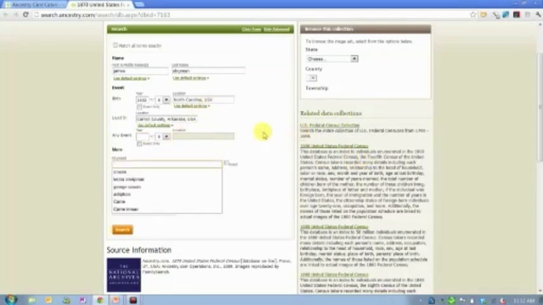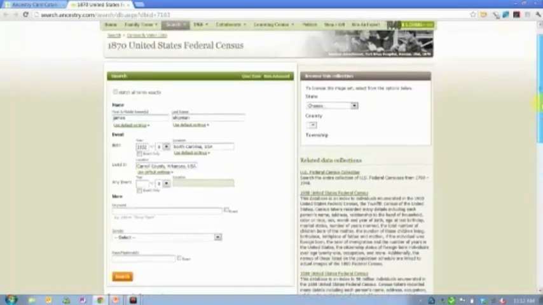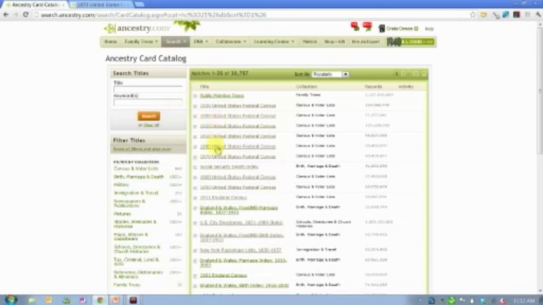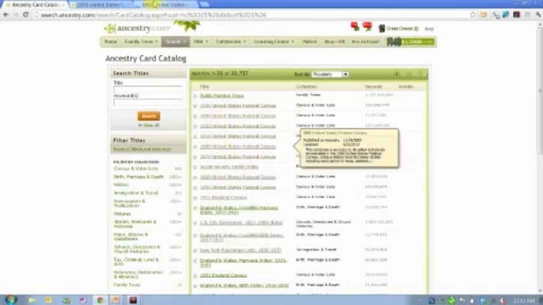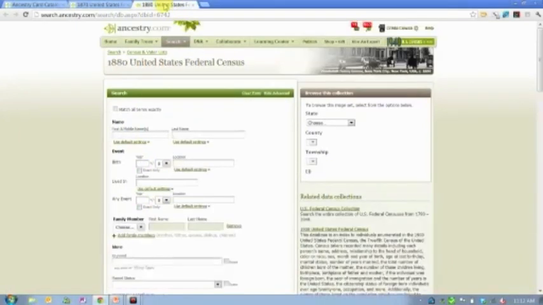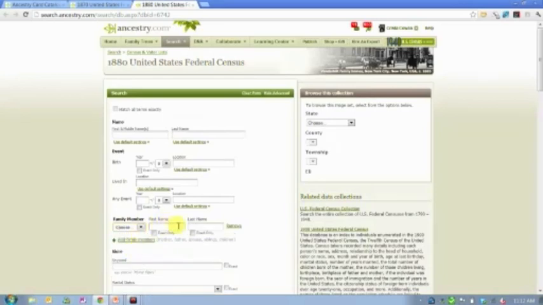Also remember that prior to 1880, so 1870 and previous, the censuses did not list relationship to head of household. And so what you're going to see is actually a different search form on 1870 census and previous compared to 1880 census. Here you'll notice we can choose family members to search for as well, right?